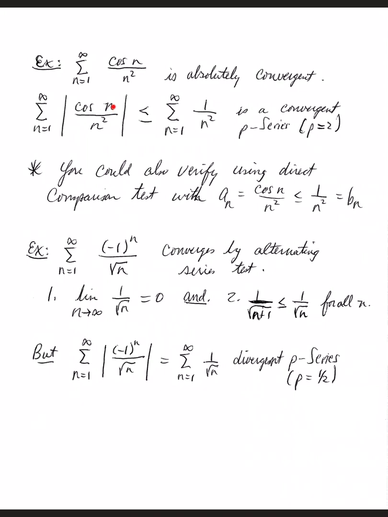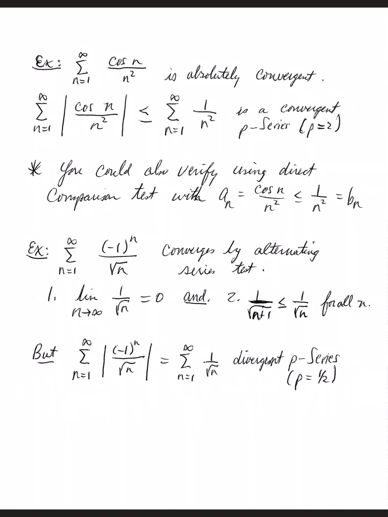So we can claim that the absolute value of this fraction is less than or equal to 1 over n squared. Now, 1 over n squared is a convergent P series, P equals 2, and so we can say absolute convergence. If the series is absolutely convergent, then the series without the absolute values is convergent as well.